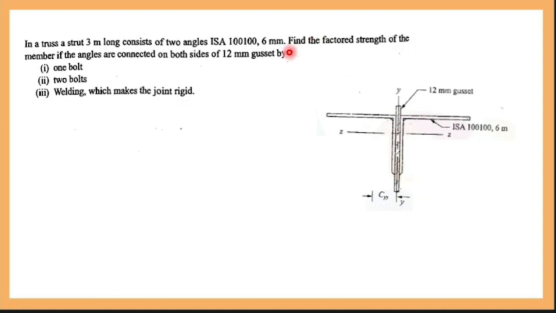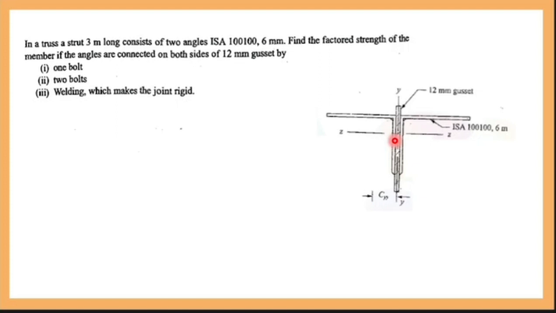Now find the factored strength of the member if the angles are connected on both sides of 12 mm gussets. The thickness they have given is 12 mm. What are your conditions? Condition number 1: if the three members are connected by a single bolt, only one bolt between these three members, what is the load carrying capacity?